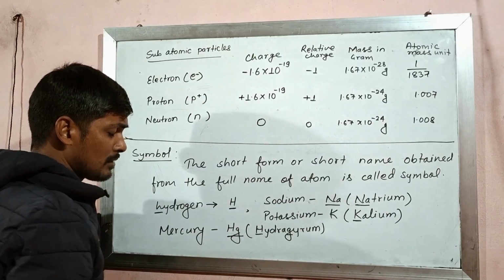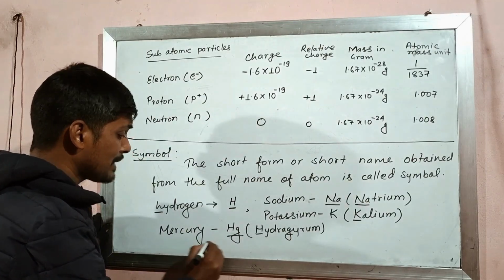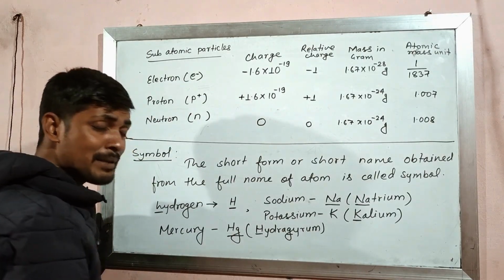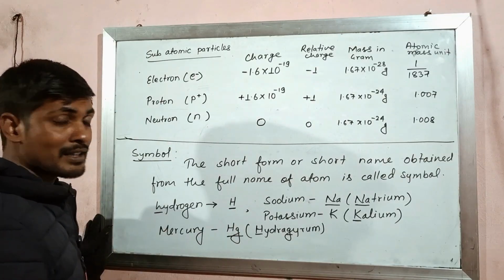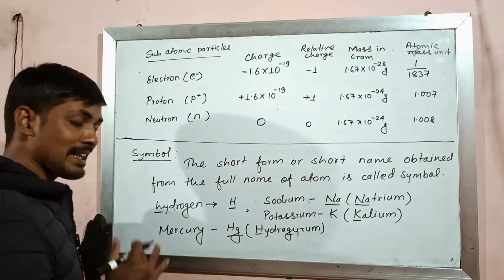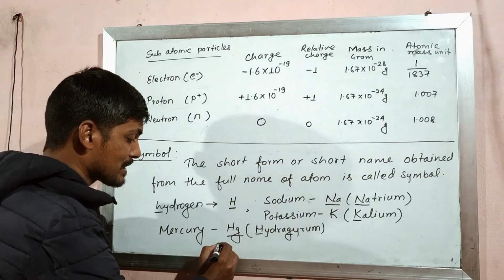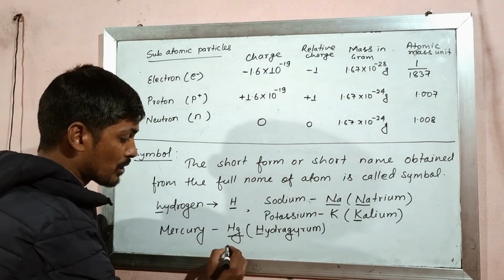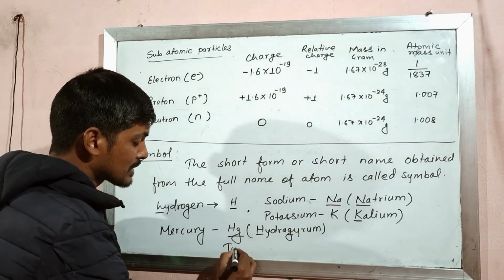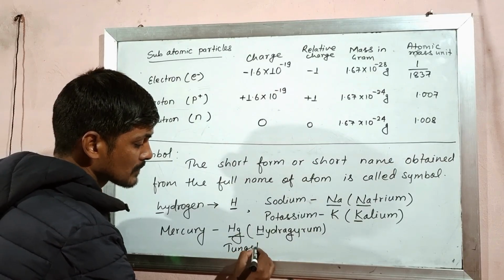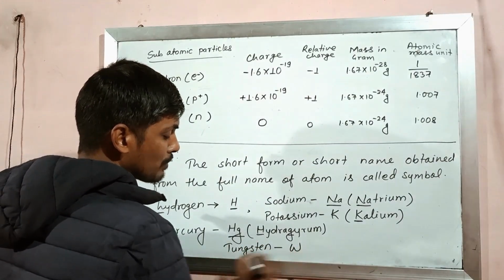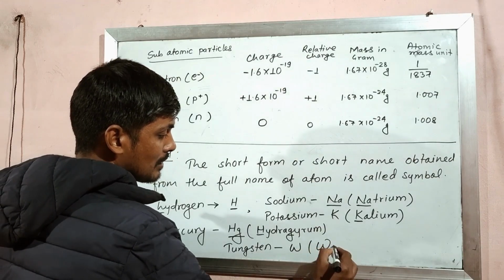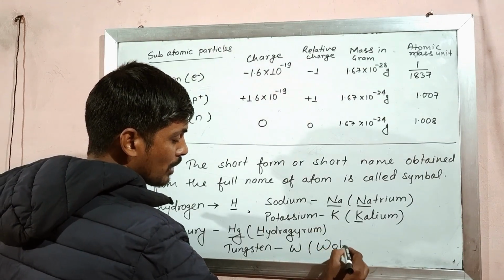Here one element is there whose name is derived from a German word, neither a Latin word nor an English word, and that is tungsten. The symbol of tungsten is W and its German word is Wolfram.